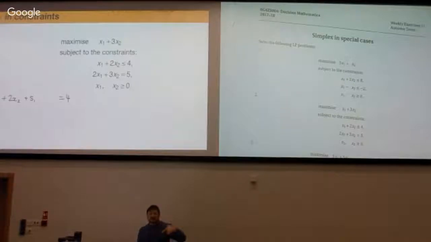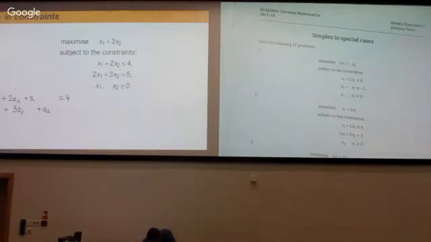Or you can add an artificial variable. So what you're going to do is 2x1 plus 3x2 plus a2. I call it a2 because it goes with the second constraint, but you can call it anything you want, really. And this has to be equal to 5.